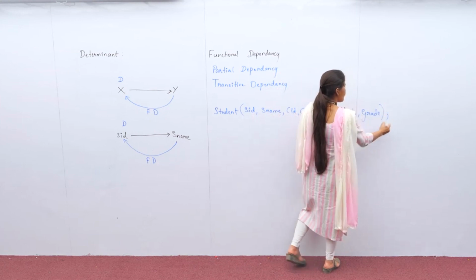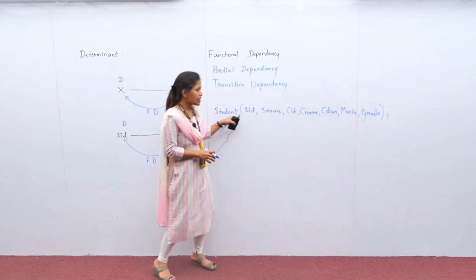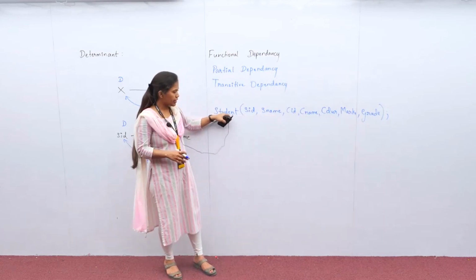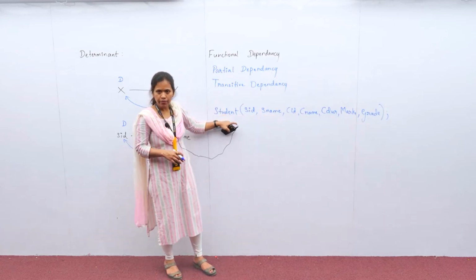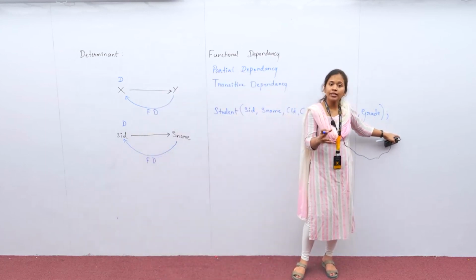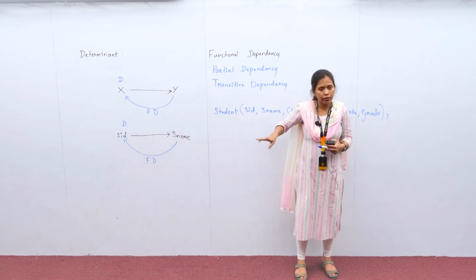Like this, I have a few attributes. This is another way of telling you the relation. This indicates the name of the relation, the name of the table, and all these indicate the attributes.